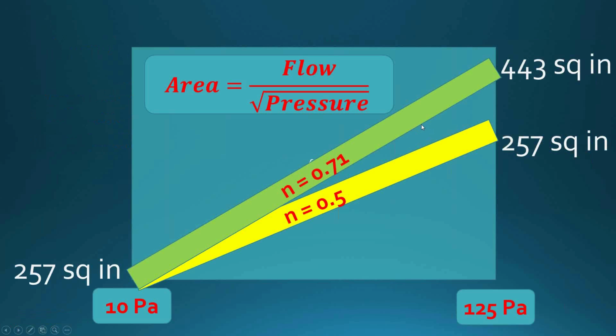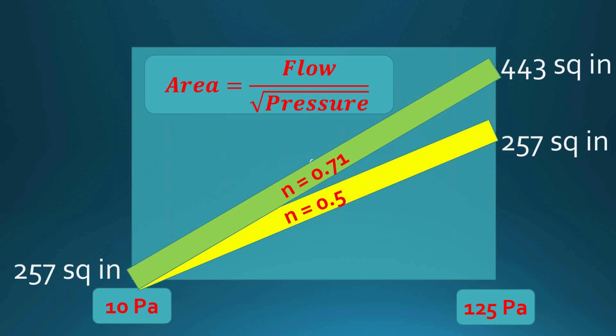So this is a depiction of one of the reasons why life has gotten easier, and that is that the NFPA calculations work effectively on hole size, and holes are not all created equal. Different types of holes respond differently to different pressures.